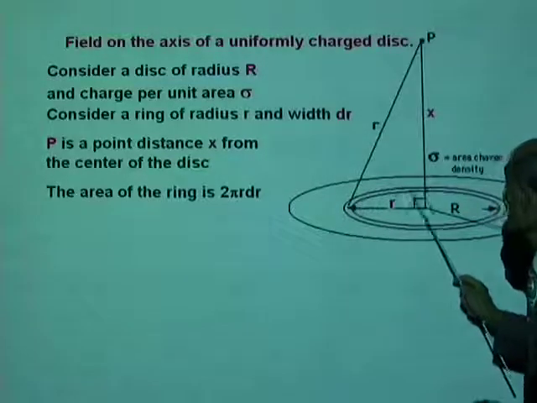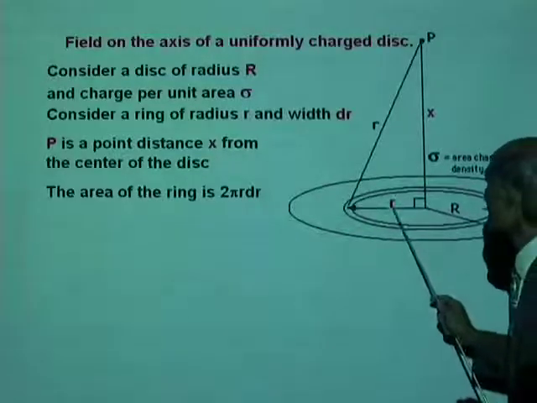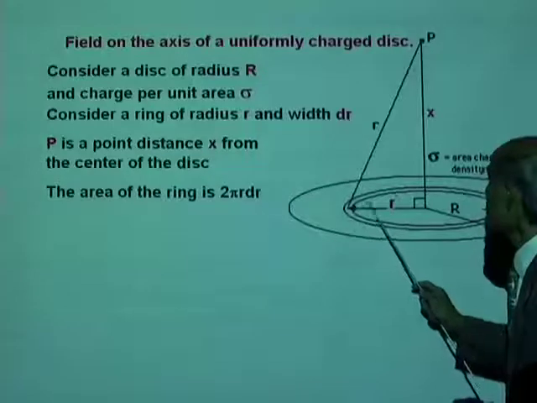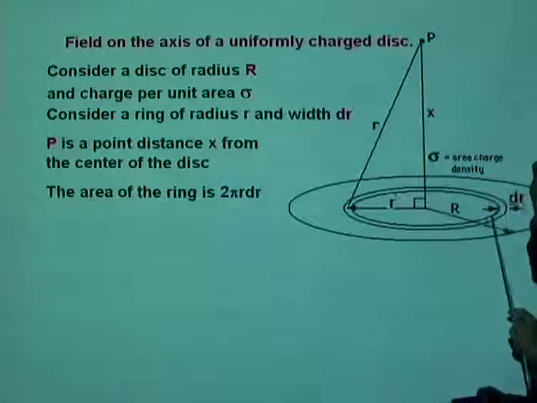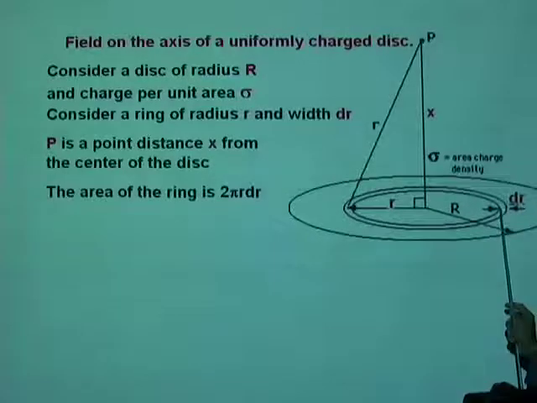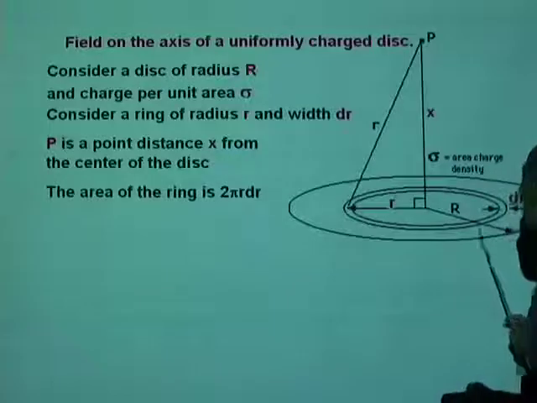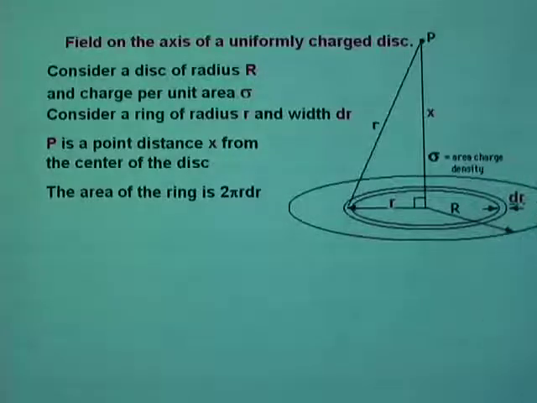If you take the circle, the inner circle of the radius r, the circumference is 2 pi r, and if you multiply that circumference by dr, it will give me the area of that ring. I hope you understand what area I'm talking about. I'm talking about this area.